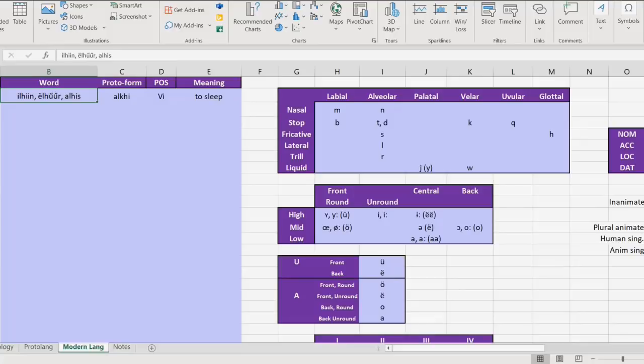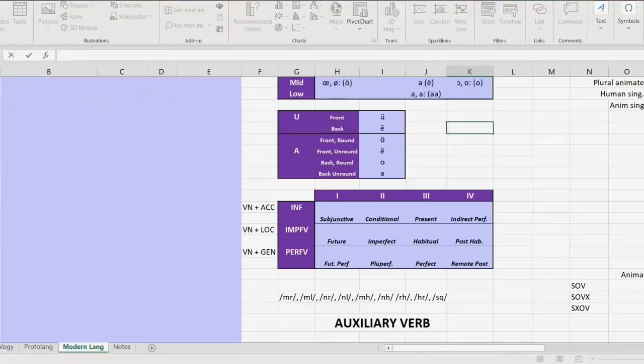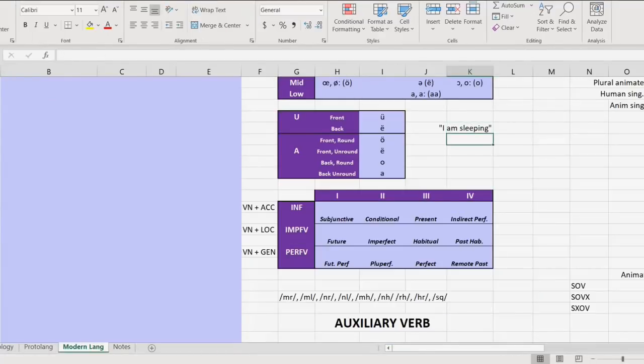But that means we've now got the final 3 forms of our first ever verb, and so now we can combine them with our auxiliaries to create our first ever phrases. So let's say I wanted to say, I am sleeping. I am currently sleeping, I am in the process of sleeping, I am sleeping right now, in the present tense.